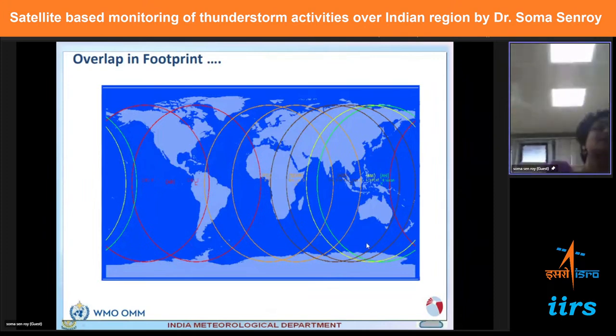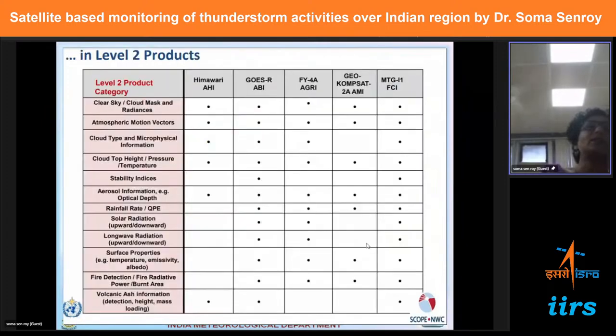And other than INSAT 3D, there are multiple satellites, 3D, 3DR. Other than these two also, there are multiple satellites which are sampling the entire global tropics, especially extratropics. Your pixel resolution is decreasing, so that is a problem. But especially for the tropics, where we are fortunate, a lot of satellites are monitoring.